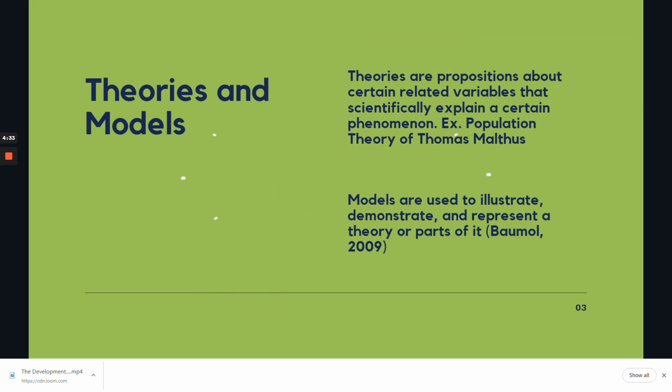Models, on the other hand, are used to illustrate, demonstrate and represent a theory or parts of a theory.